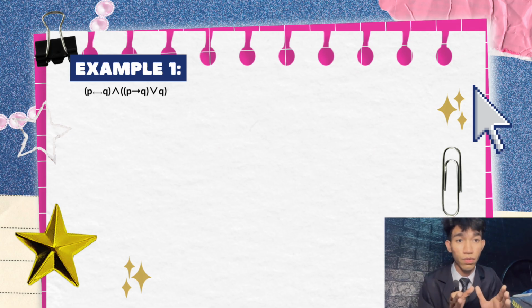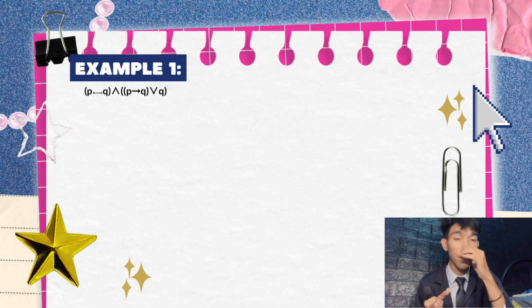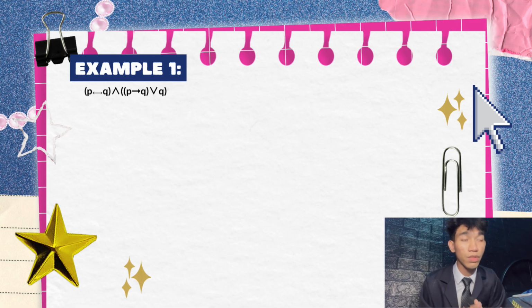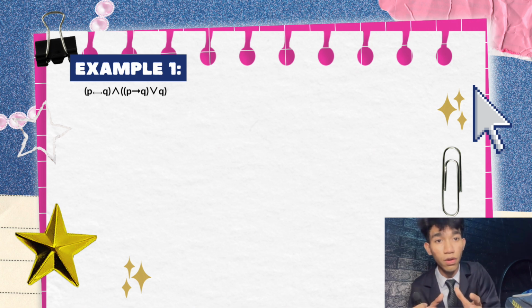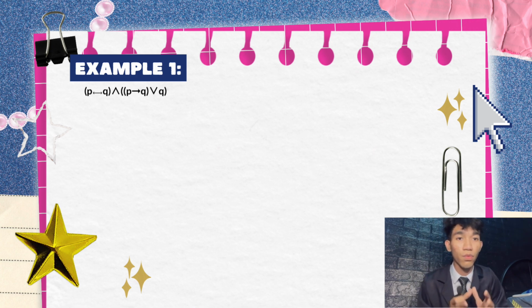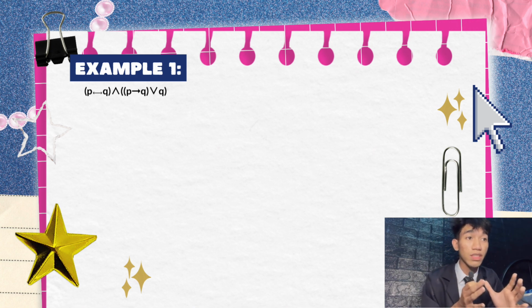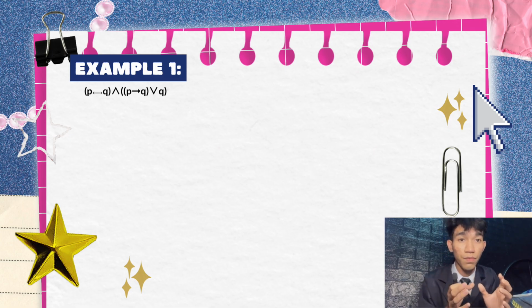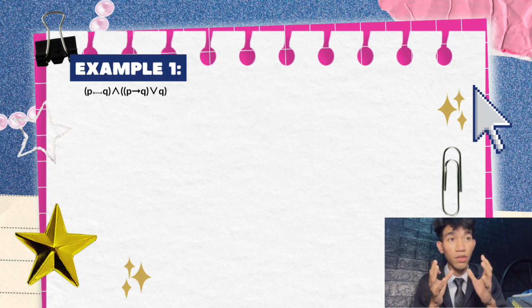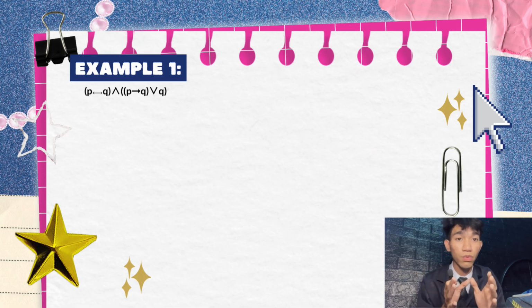From P implies Q, we can change to Q implies P because they still have the same value. And then we use the associative law, and then the absorption law from the associative law, and then we use the definition of biconditional, which gives P double implies Q. We combine P implies Q and Q implies P to make it short.